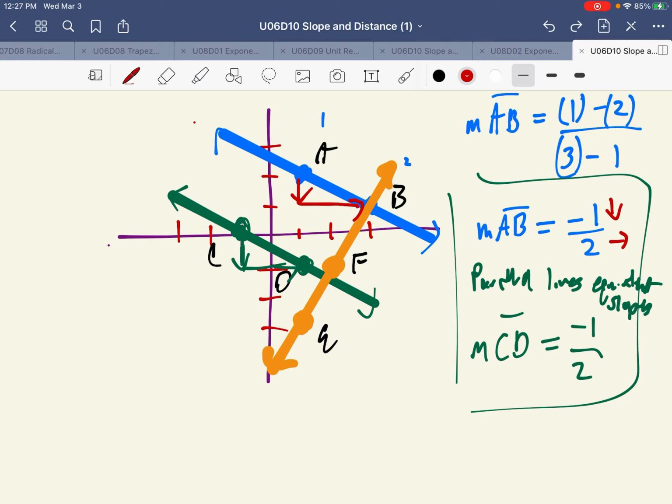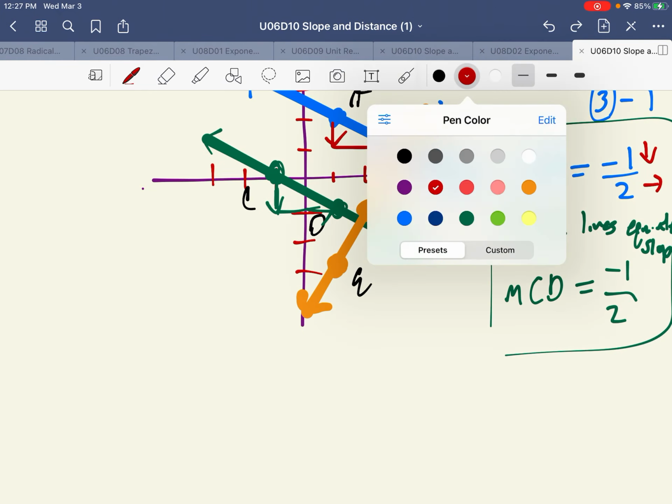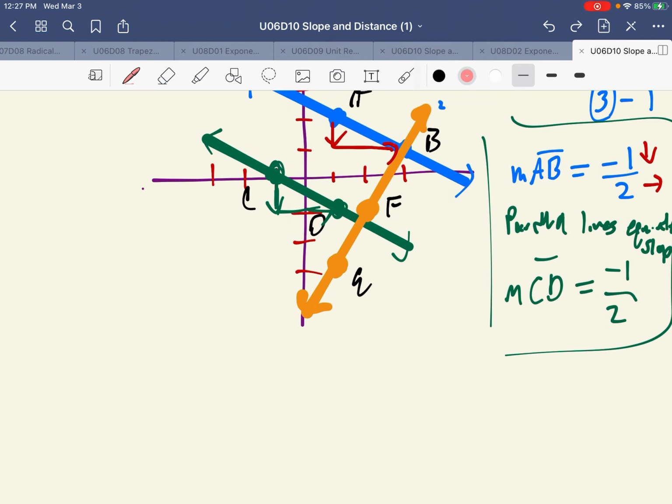Let's find the slope of the yellow line using points E and F. So the slope of the yellow line is to go from the point on the left, we'll call it point 1, to the second point on the right, which is point 2. The rise is 2, and the run is 1.